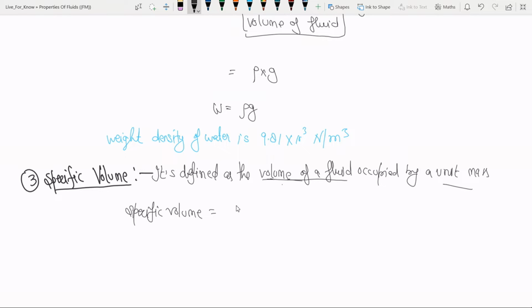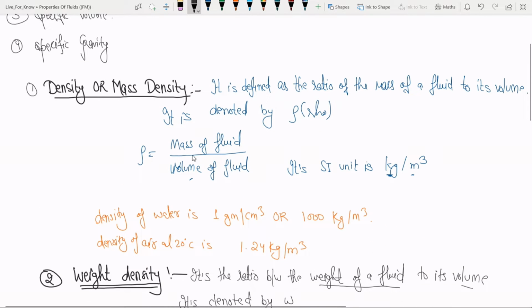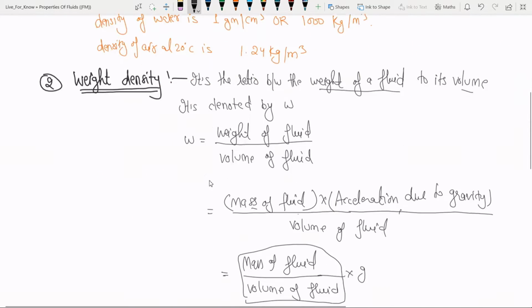So it is volume of fluid divided by mass of fluid. In density we get mass of fluid by volume of fluid.